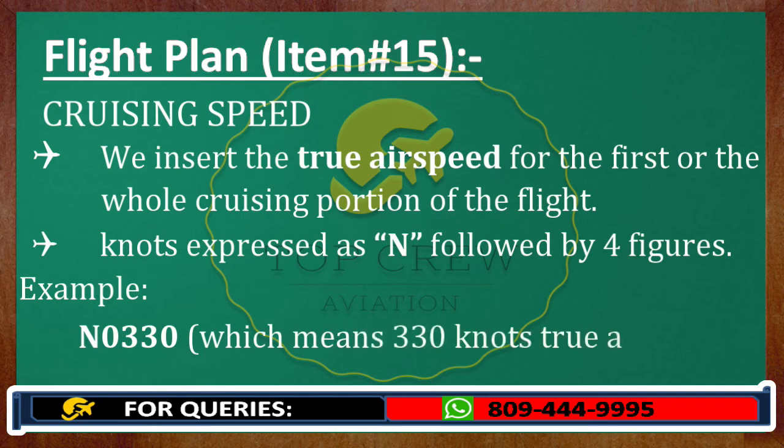Very, very important for your navigation DGCA exam, CPL, ATPL both. There is also an option to indicate a speed as Mach number, but as it is of no use for our scheduled flights in general aviation flying, no details will be provided.